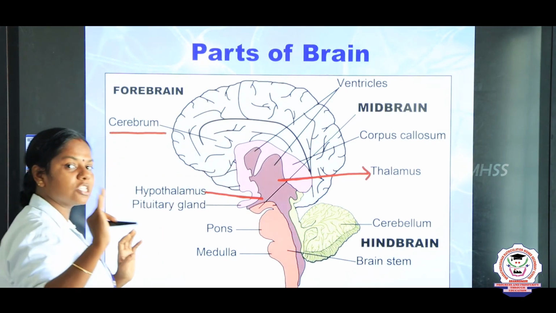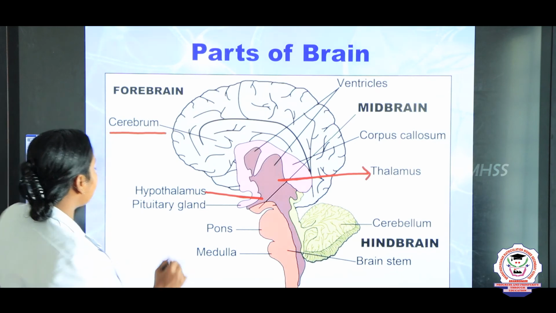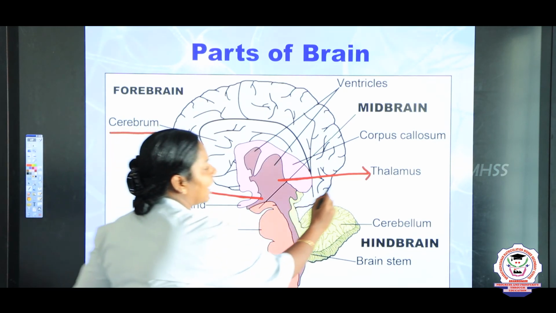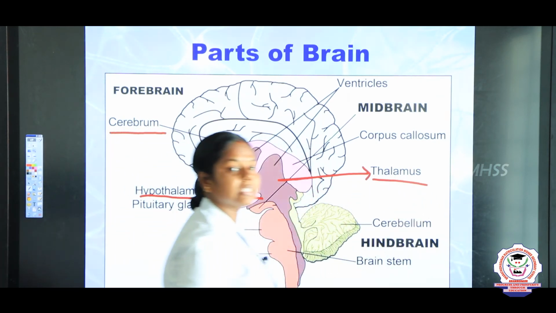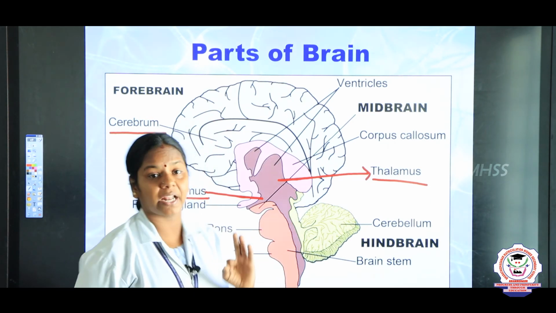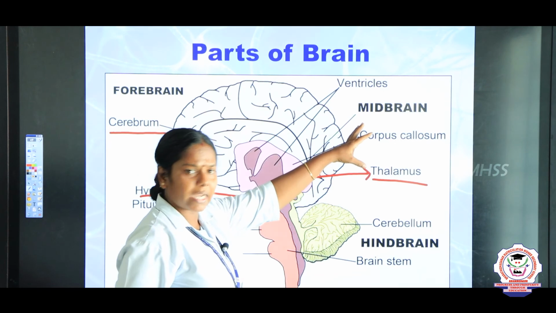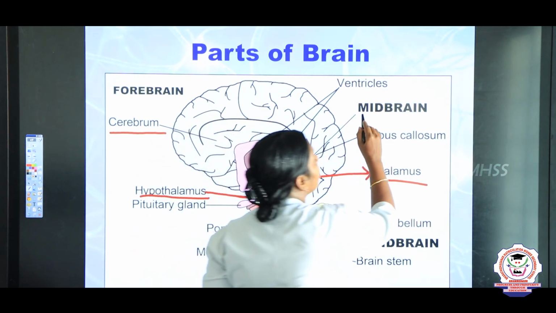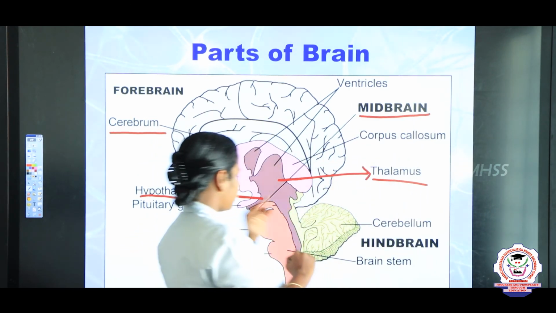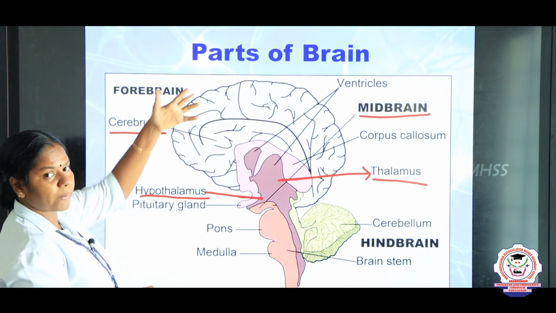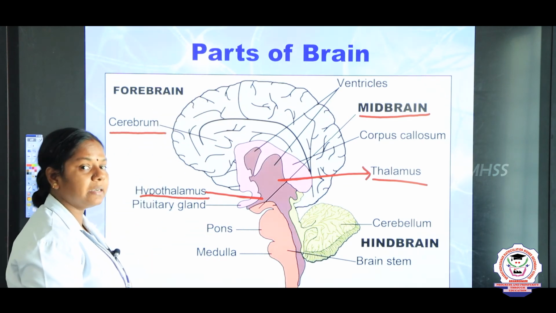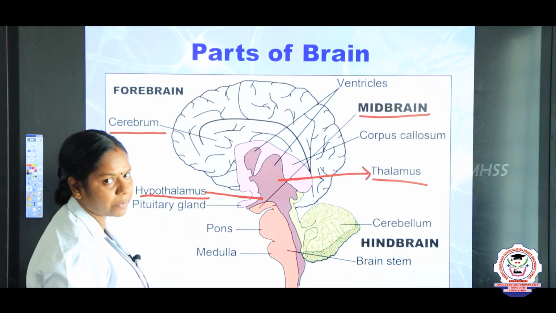So what are the 3 regions of the forebrain? Cerebrum, hypothalamus and thalamus. These are the 3 parts under the forebrain. And next we are going to study the midbrain. The second part is the midbrain, and it is present between the forebrain and the hindbrain. And the last part of the brain is the hindbrain.